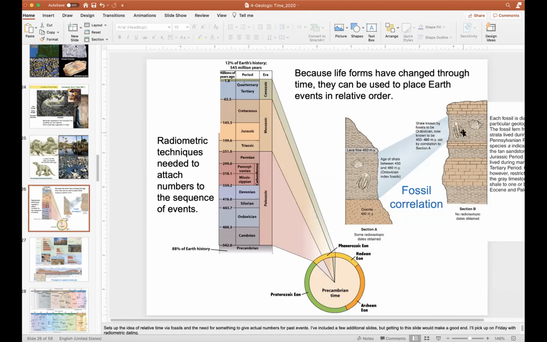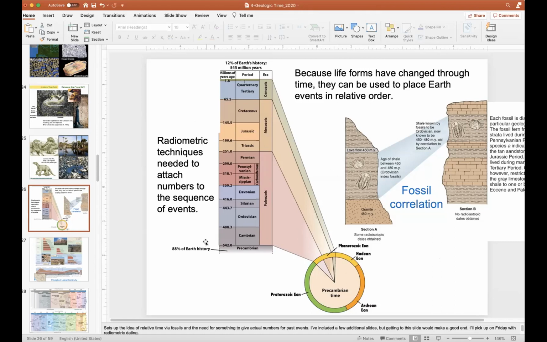I find trilobites in this unit and I find trilobites in that unit. Those must be the same unit that I'm finding in two different places. And then you can say, well, it's trilobites, so those are really old, and that's got to be older than these fishes up here. That kind of fossil correlation is important in establishing the order of existence.